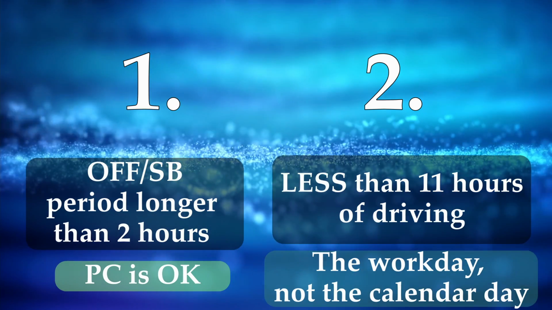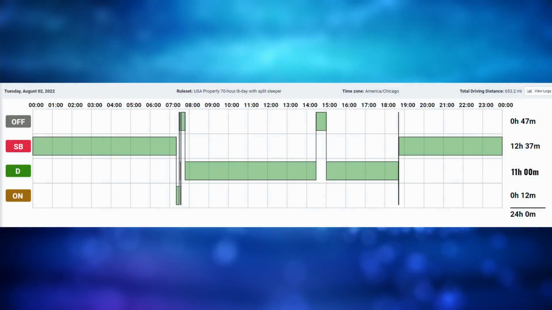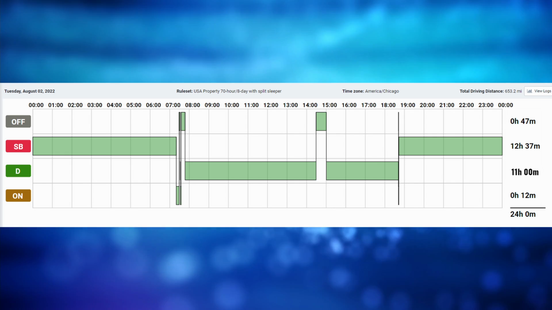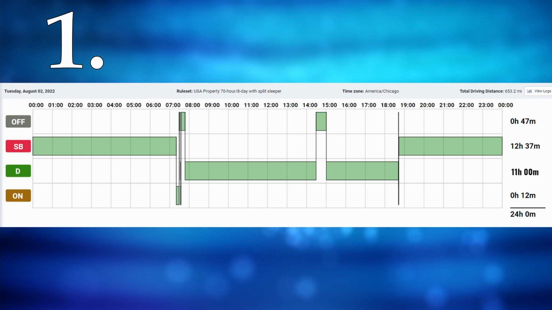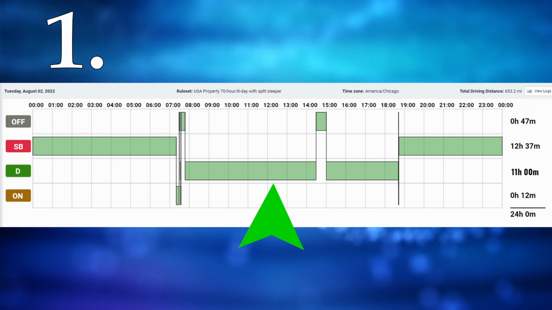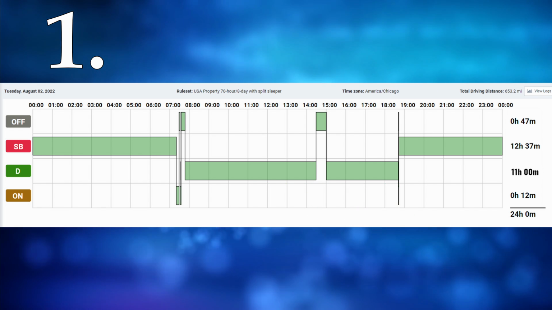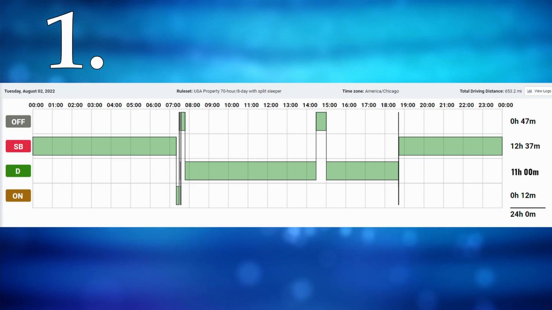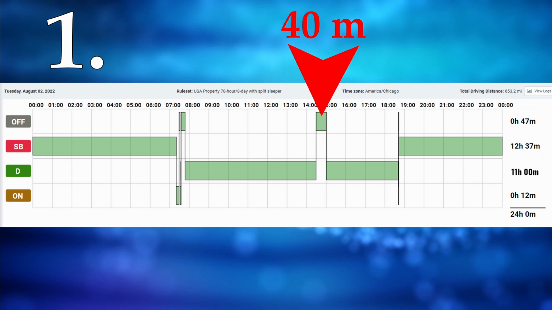Let me show you these two criteria on a real logbook. Imagine this is your logbook. First, as we said, you must have an off or SB period longer than 2 hours. In this example, you have no such period. The only off or SB period you have is only 40 minutes.